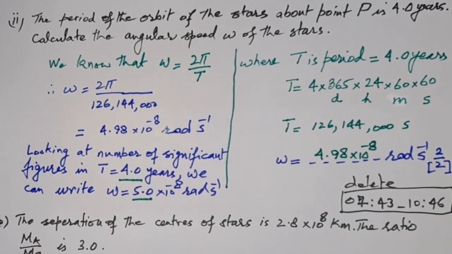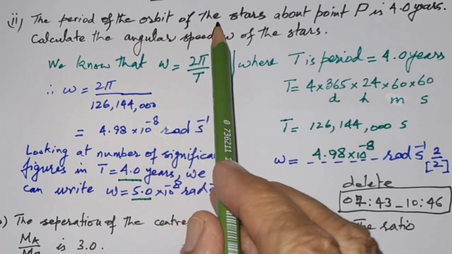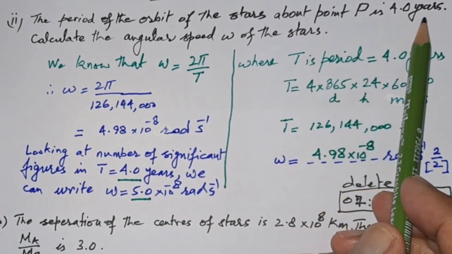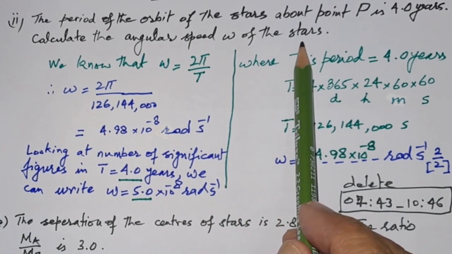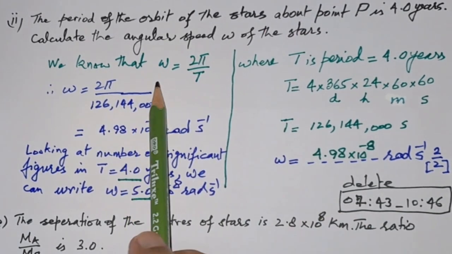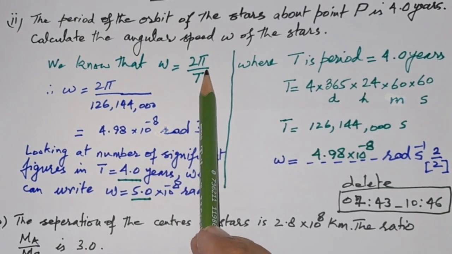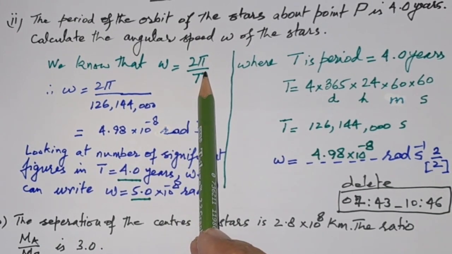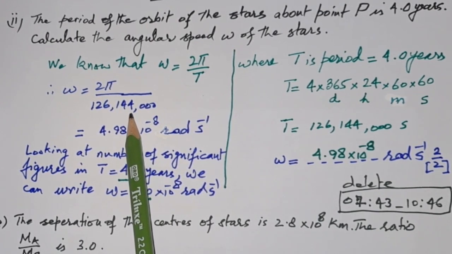Part B of the question reads that the period of the orbit of the stars about point P is 4 years. Calculate the angular speed omega of the stars. Now we know that omega is equal to 2 pi over T, and this T is the period, but we have to put in the period in seconds.